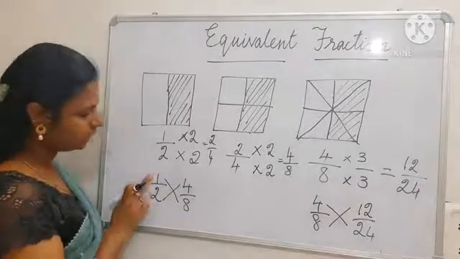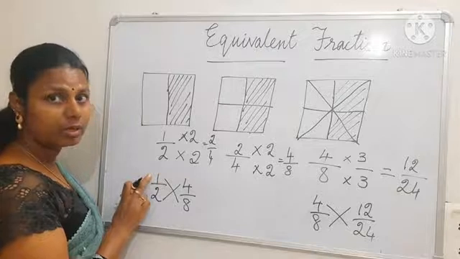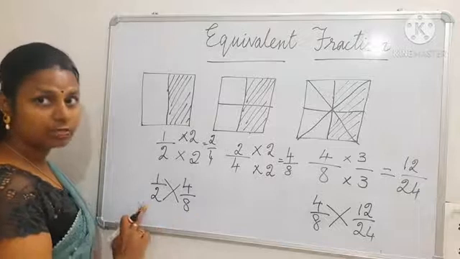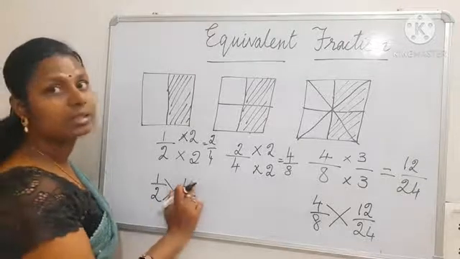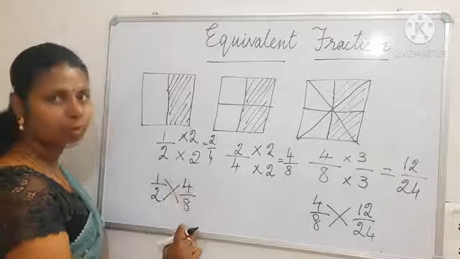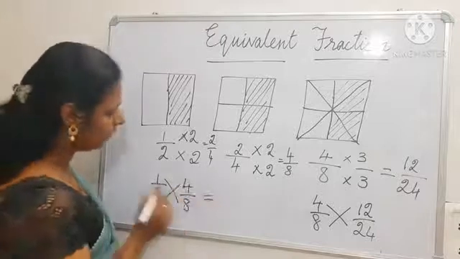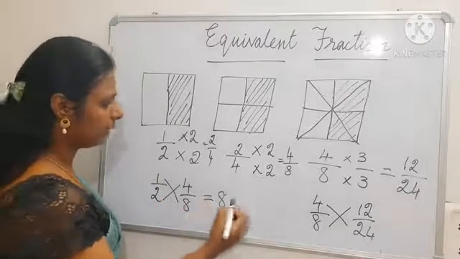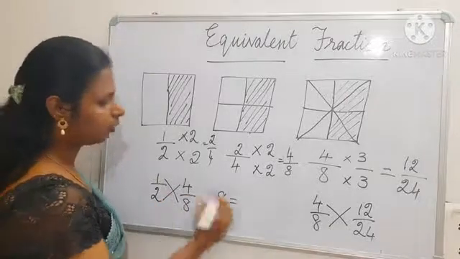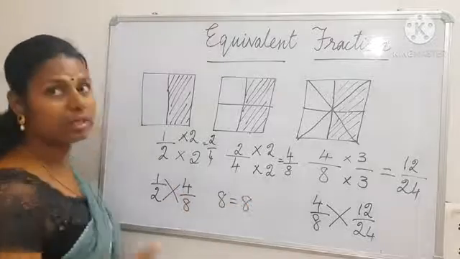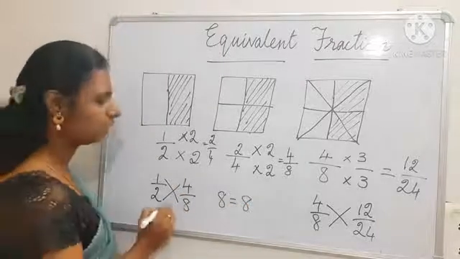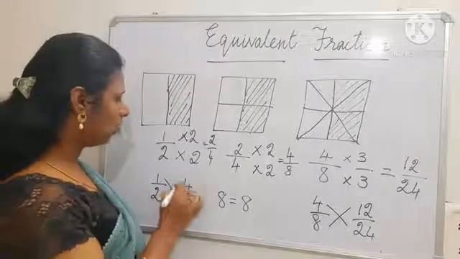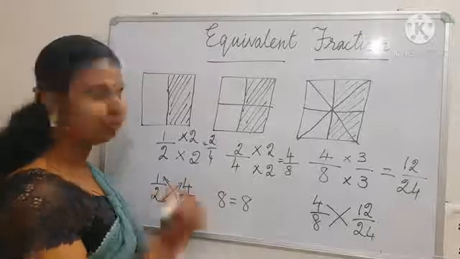Cross multiplication means the first numerator and the second denominator, and the first denominator and the second numerator we have to multiply. Okay, when we multiply, 8 ones are 8, and this side when we multiply, 2 fours are 8. Both the sides you are getting the same number. That means these are equivalent fractions. Okay, you can do cross multiplication.